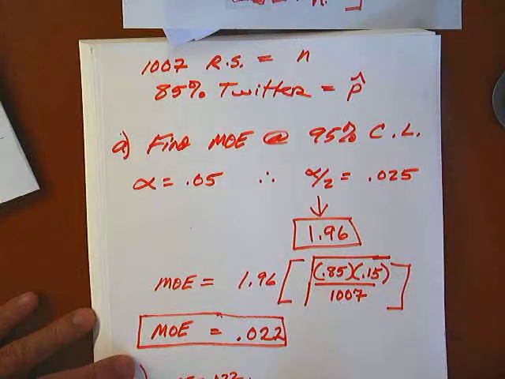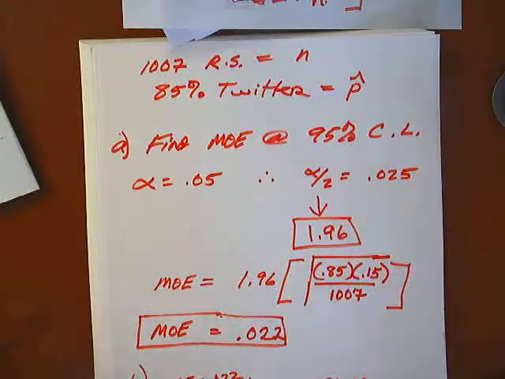And then on this side you're going to have 0.85 plus 0.022, and on this side 0.85 minus 0.022, and that's going to give you 0.828 less than p less than 0.872. And this right here is what you call your confidence interval.